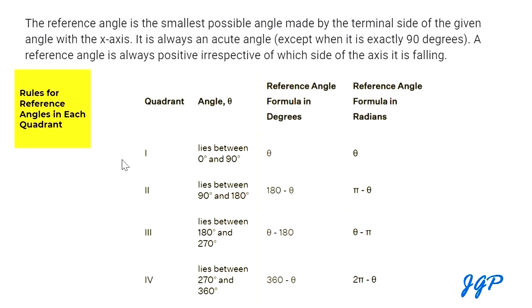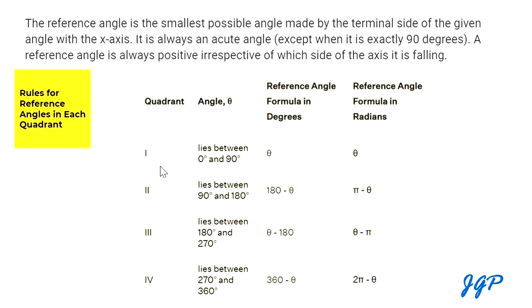Okay, and we have here a table stating the rules for the reference angle in each quadrant. So we have here the quadrant, the angles, and then we have the reference angle formula if that is given in degrees, ito yun. And we have also the reference angle formula if the angle given is in radian form.